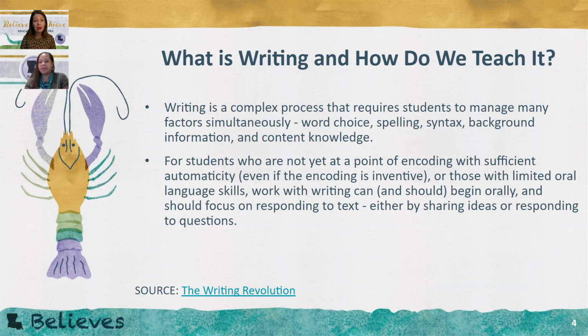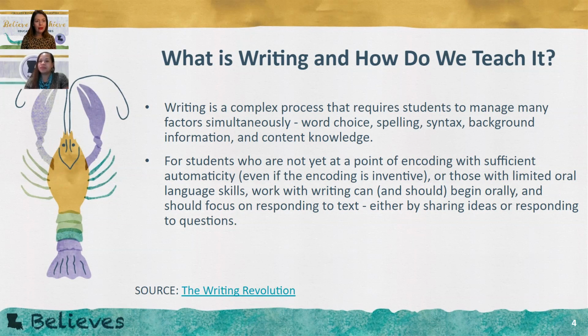Word choice, they're thinking about the words that they want to use to communicate their point. How do they spell those words? How do they put those words together in a sentence so that they make sense? How do they connect what they're saying with all the background knowledge and content knowledge that they have? How do they make those connections and communicate this in a meaningful way to readers?